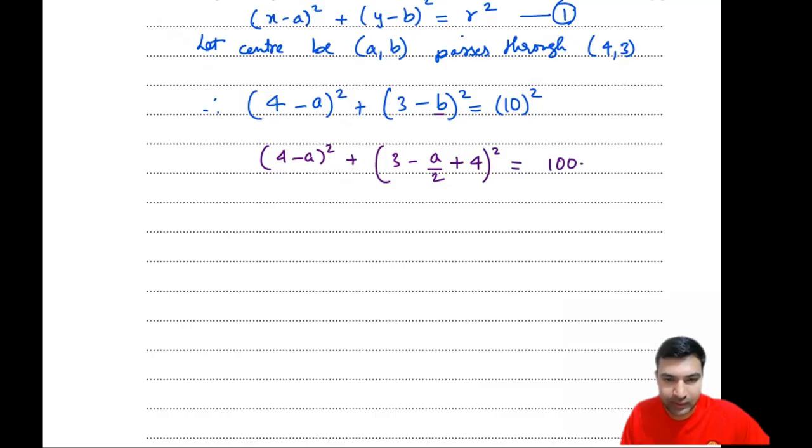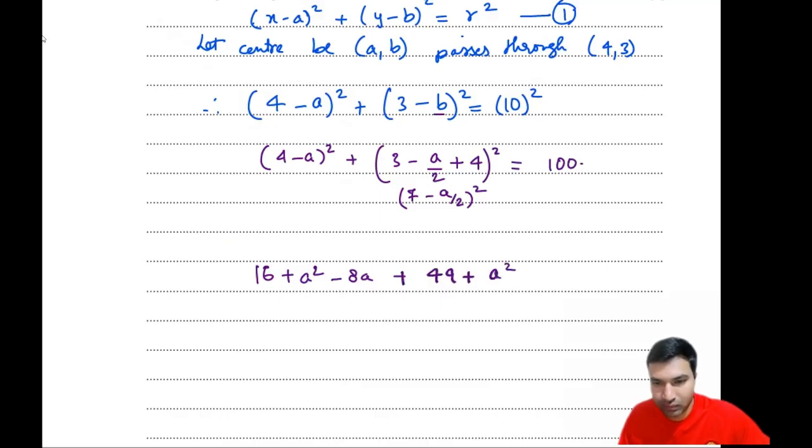So now opening the brackets, I get 4 squared is 16 plus a squared minus 8a, plus 3 plus 4 is basically 7, so that's (7 minus a over 2) whole squared. Okay, so let me open this a bit further down. So we get 16 plus a squared minus 8a plus 7 squared is 49 plus (a over 2) squared is a squared over 4 minus 7a.